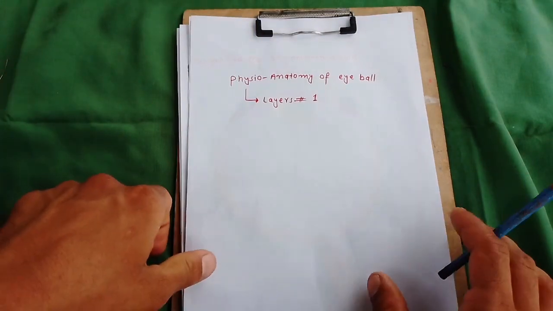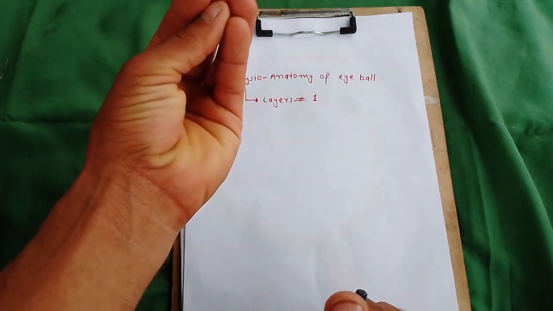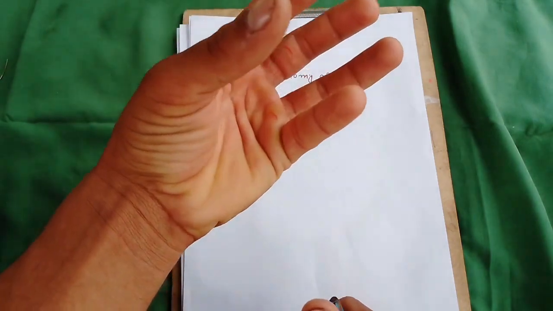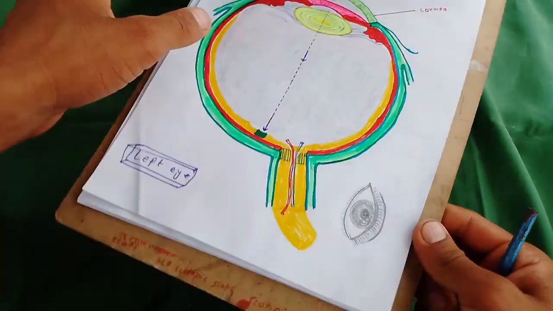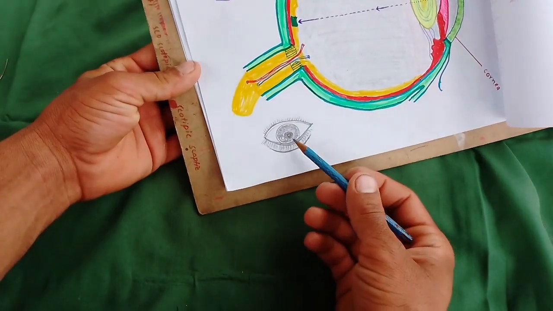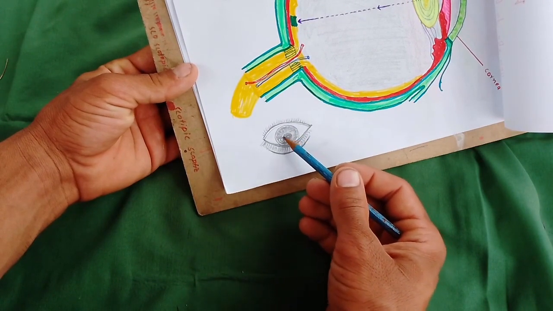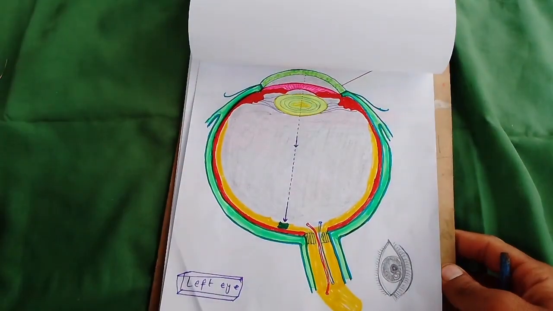Okay. The eye is a structure just like an eyeball. The whole structure of the eye is the eyeball. This is the eye, the pupil, the hairs, etc. But the eye is the eyeball.